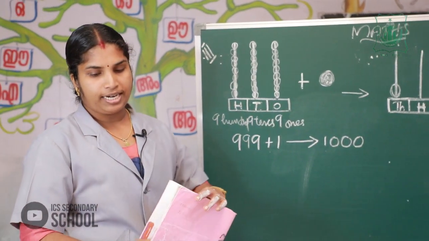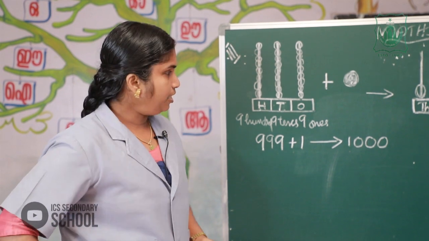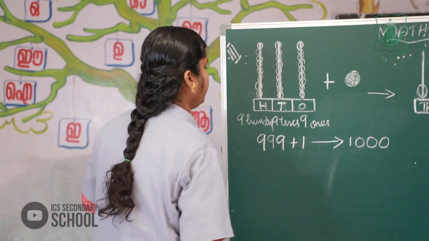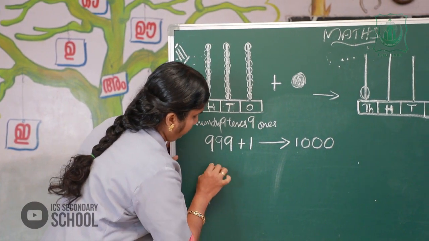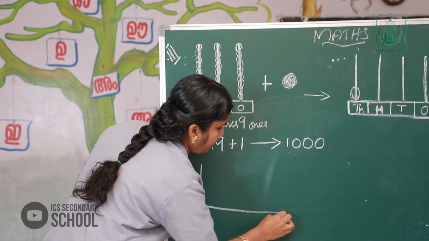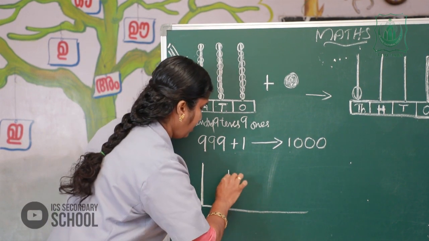Okay. Next one, reading 4-digit numbers. How to read a 4-digit number with the help of the spike abacus.